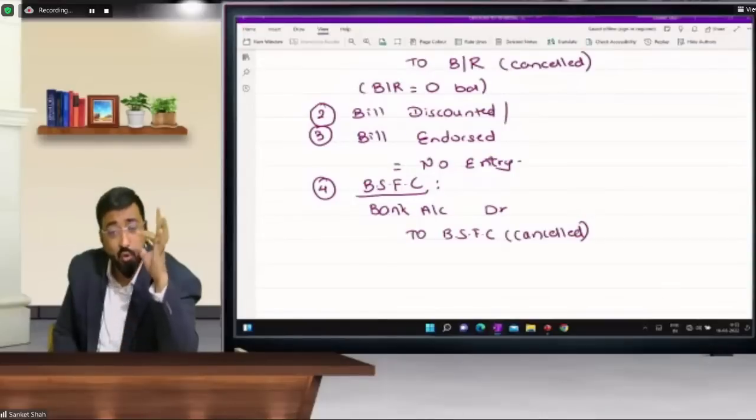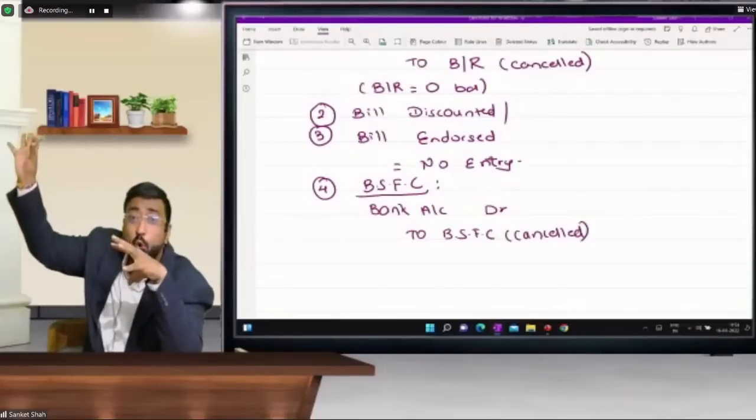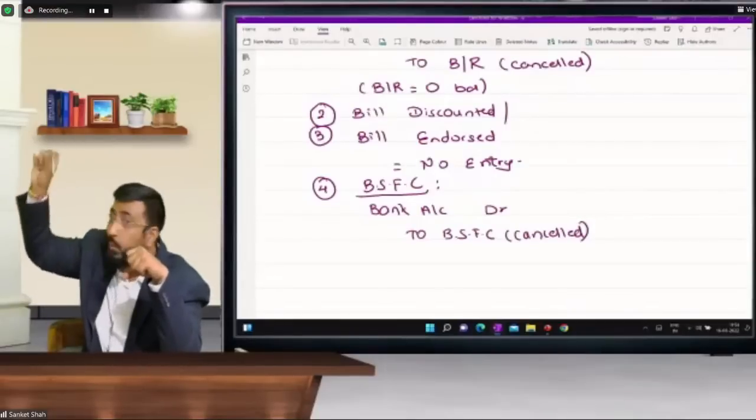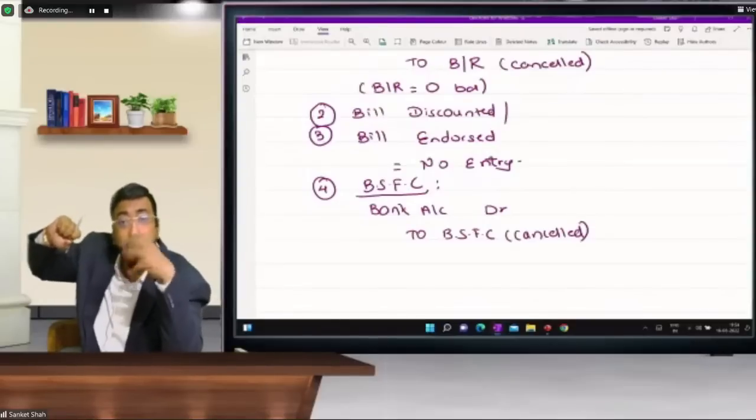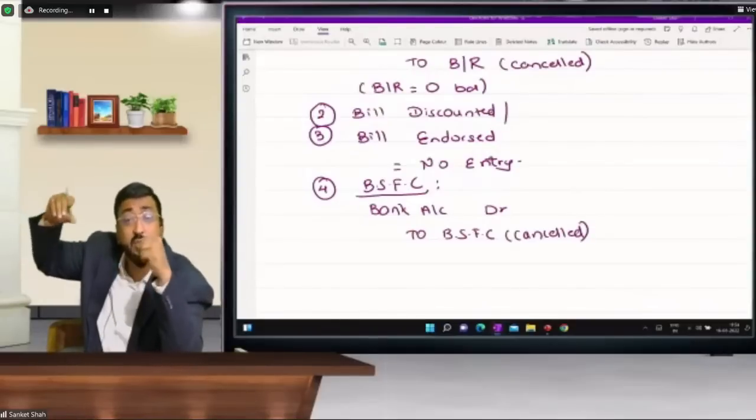But you have to think from scratch. Everything. Sir, don't pass only entries. Only entries is 12th standard. Here, you have to think: X is closed or X is open. Bill receivable is open or closed. Bill sent for collection, open or closed. Bank account, discount account to bill receivable. It's very simple, sir.